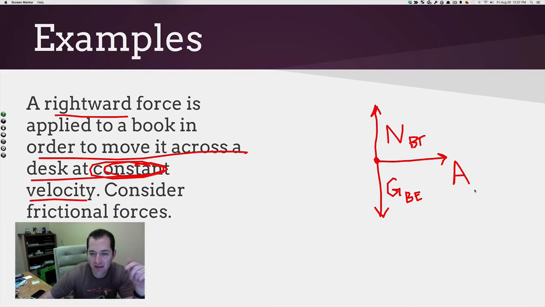Okay, so there's an applied force on the book by, and it doesn't tell us what's doing it, but we can make some assumptions and say we'll say it's a hand that's pushing that. Okay, but we notice here again we've got constant velocity, so this has to be balanced. But down here it tells us frictional forces, and if you remember, frictional forces always oppose motion, right?